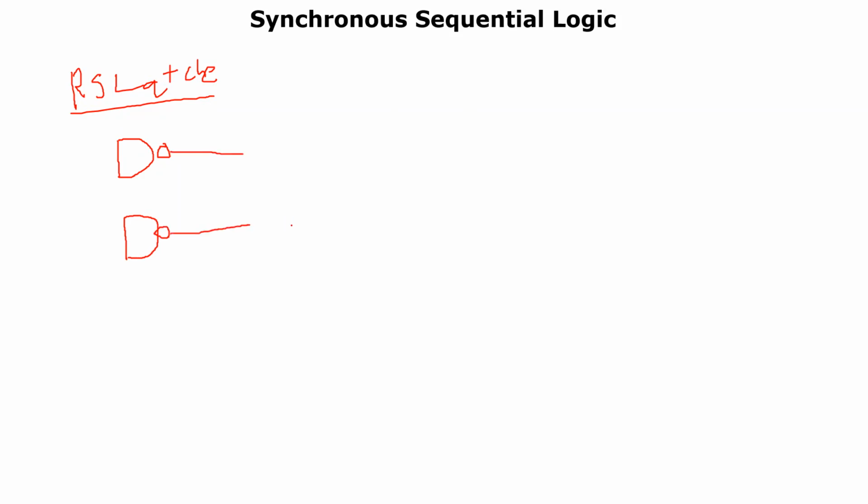Only two outputs will be there. Either it is available as Qn, the nth unit of time, or as Qn complement. So it is Qn and Qn complement.